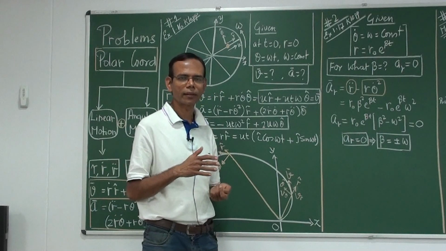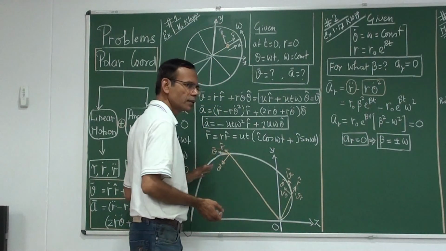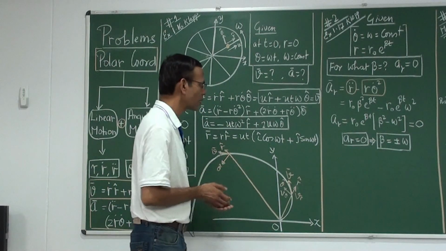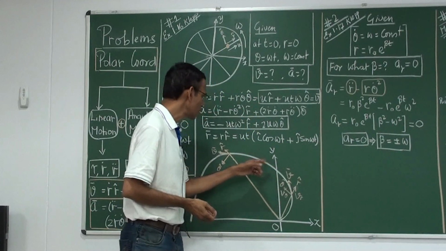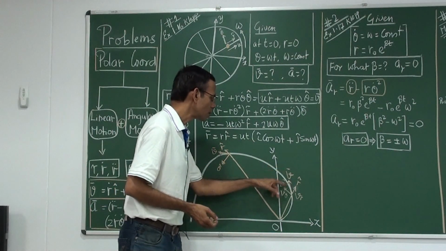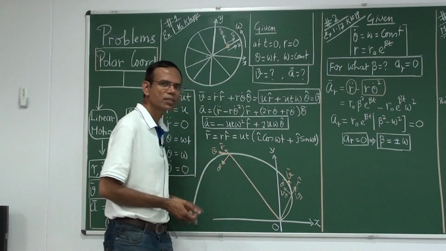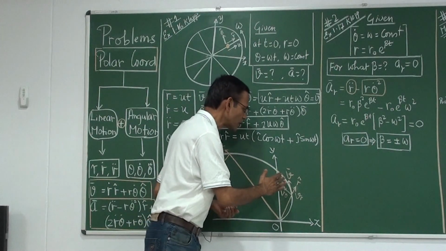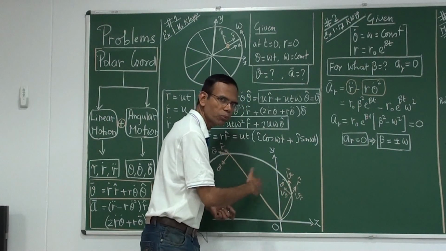R theta dot square. As you can see in this diagram, any curvilinear motion, that second term is coming because in a curvilinear motion, the direction of the tangential velocity is always changing. And the tangential velocity we can break into two components.